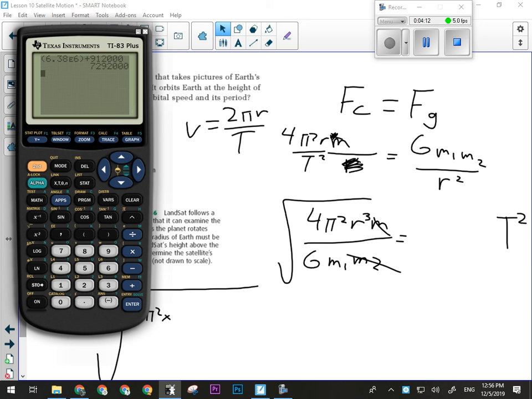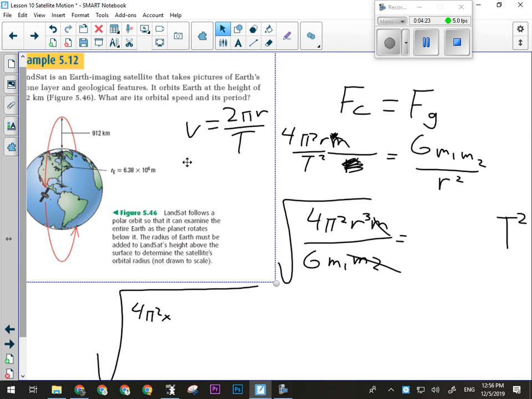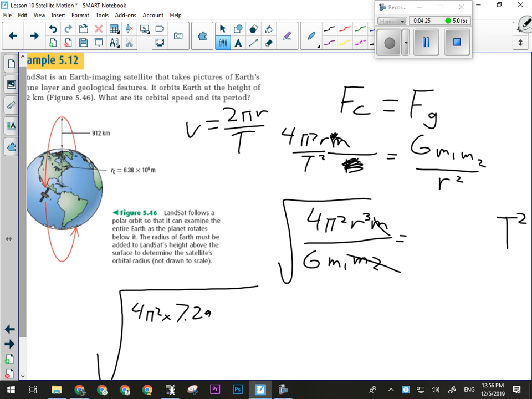All right, so there's my radius, 7,292,000. So 7.292 times 10 to the 6. Okay, and that's cubed according to my formula.